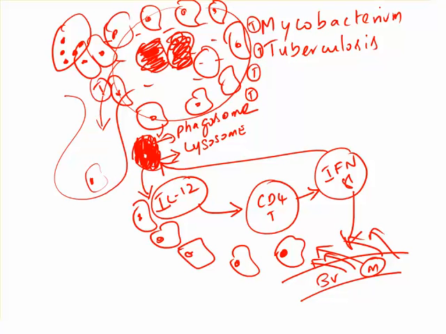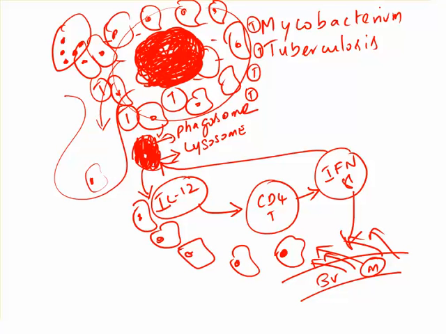You understand? Now this area is surrounded by the killing of mycobacterium, and the enzymes will also destroy the macrophages, and there is full of necrosis, right? Cell death means what? Necrosis. This necrosis is surrounded by macrophages, that are called activated macrophages.